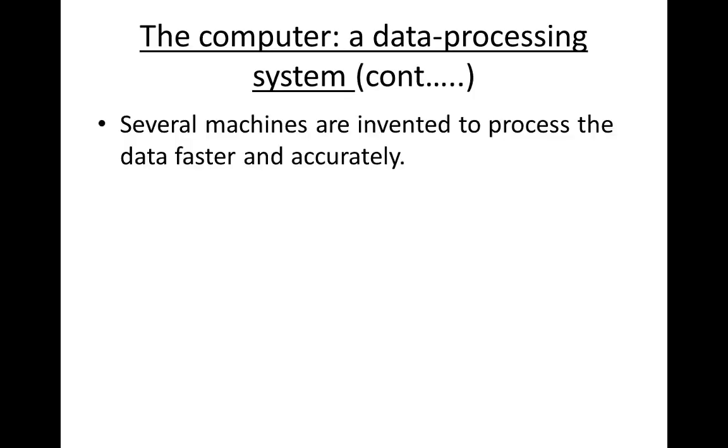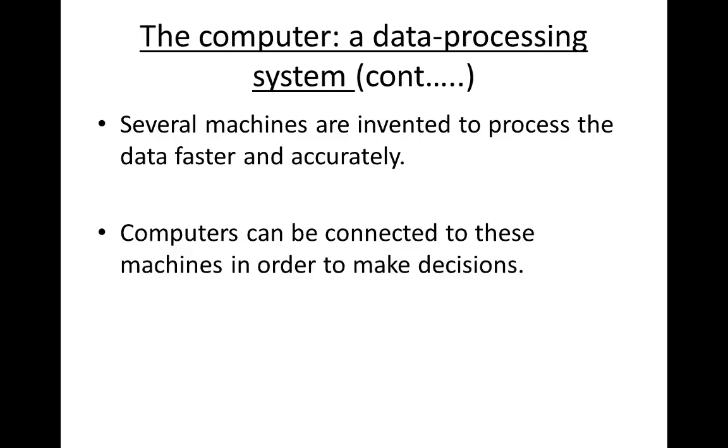For this purpose, several machines are invented to process data faster and more accurately. Sometimes computers can be connected with those machines in such a way that people do not even need to make the decisions. Such an arrangement is called a computerized system.